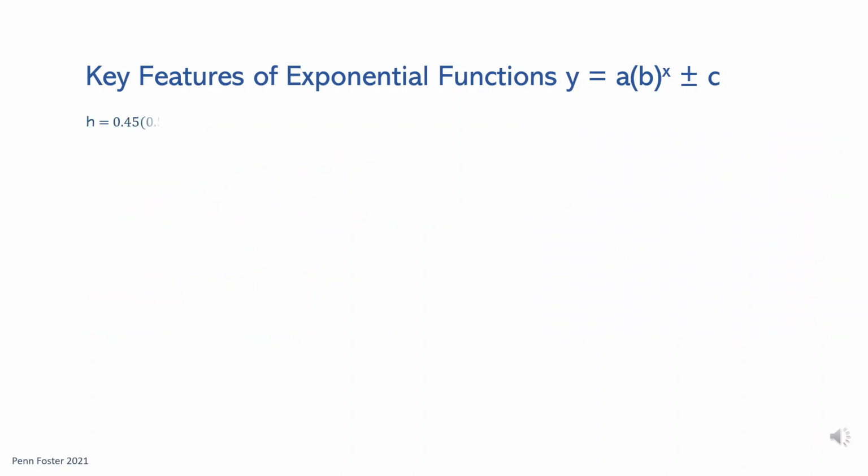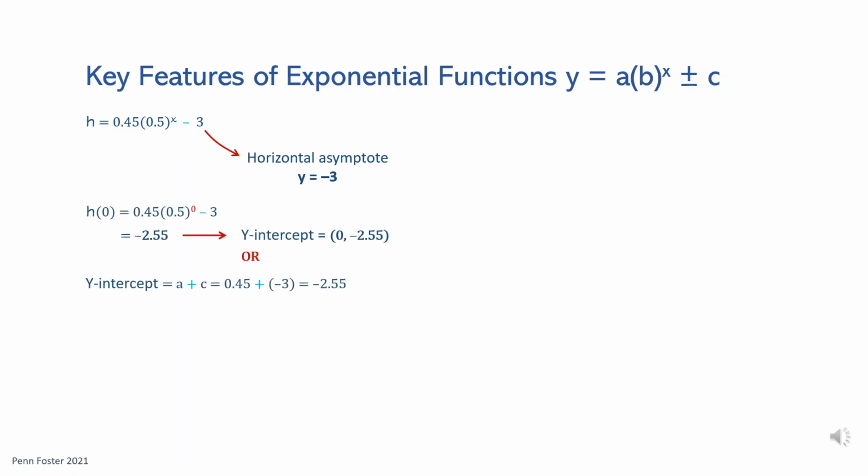Let's look at function h equals 0.45 times 0.5 to the power x minus 3. The first identifiable feature is the equation of the horizontal asymptote. It's y equals -3. The y-intercept point is (0, -2.55).